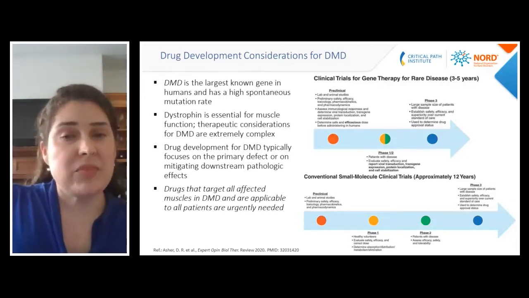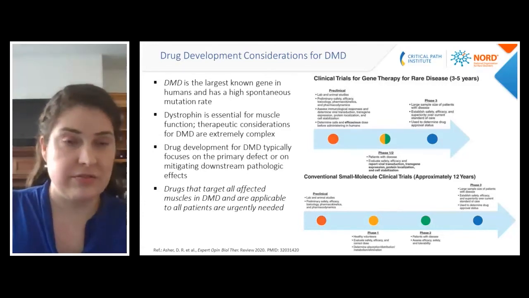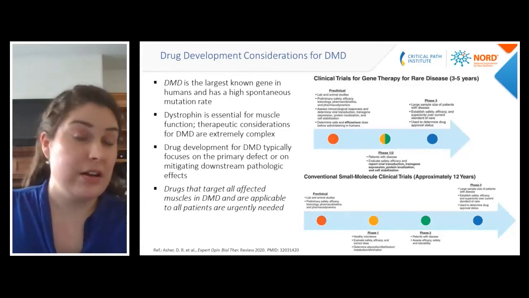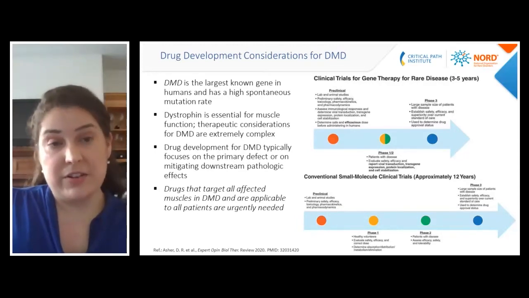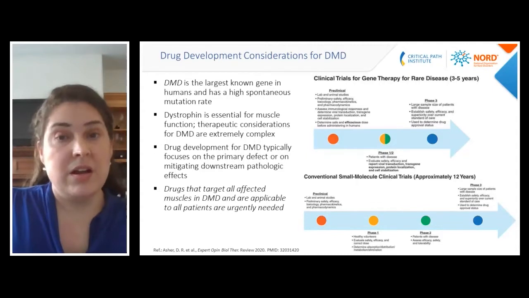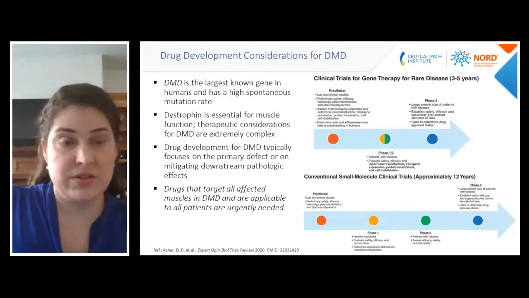And then phase 1, which is usually a trial to test safety of the drug approach in healthy subjects. And then phase 2, which is testing the safety and efficacy in disease subjects, where that is separated in a standard clinical trial. For a rare disease gene therapy trial, that's combined into the same phase.